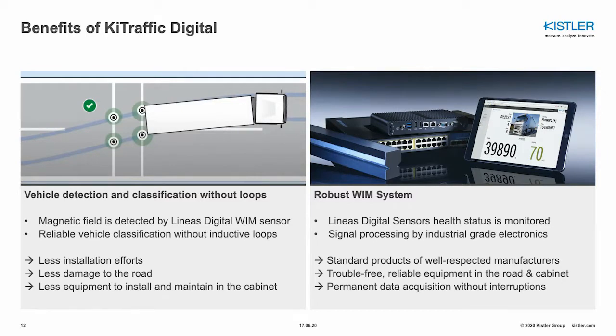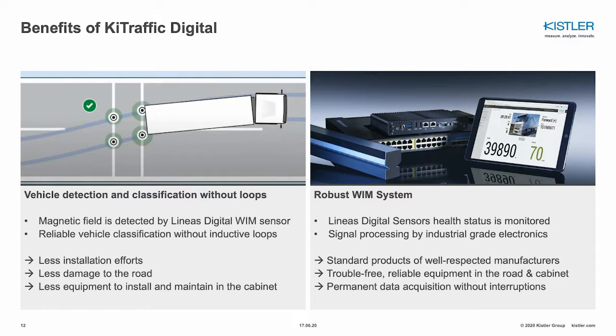The KiTraffic Digital itself is a very robust WIM system. The Lineas Digital sensors in the road have a health monitoring system included, which indicates issues right on time to you, and the whole signal processing inside the cabinet is done by industrial-grade electronics.